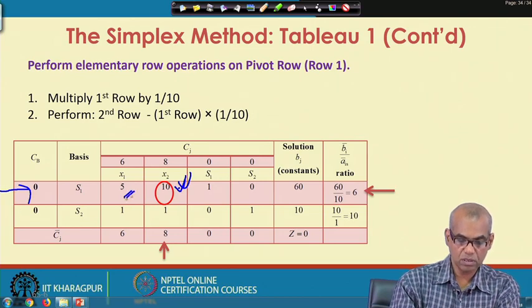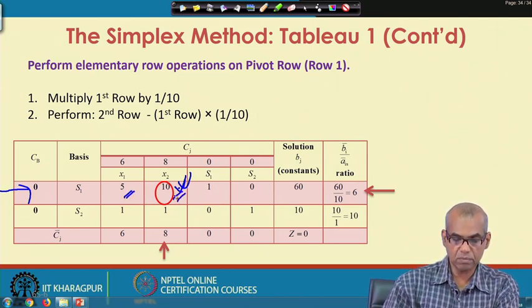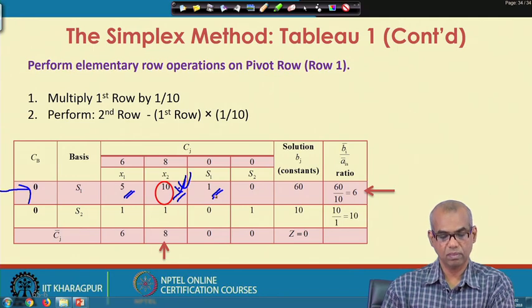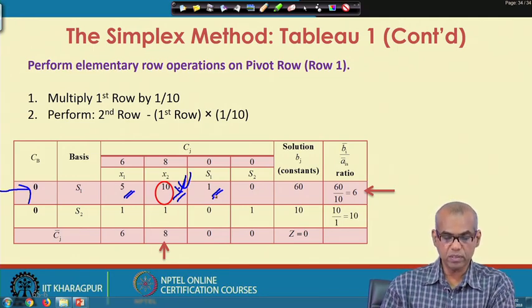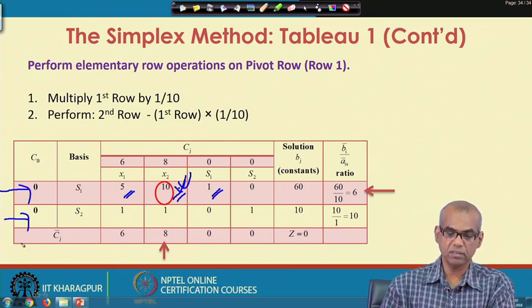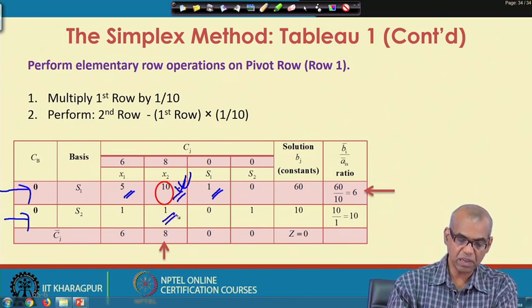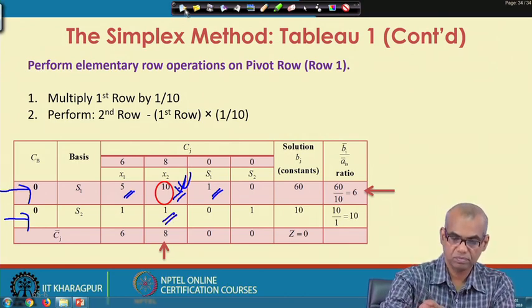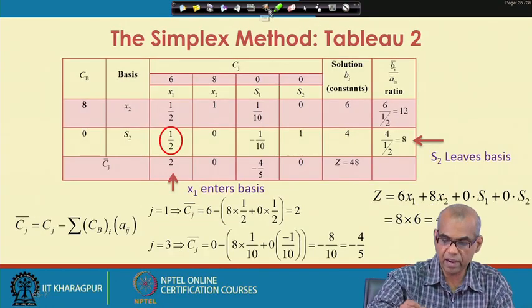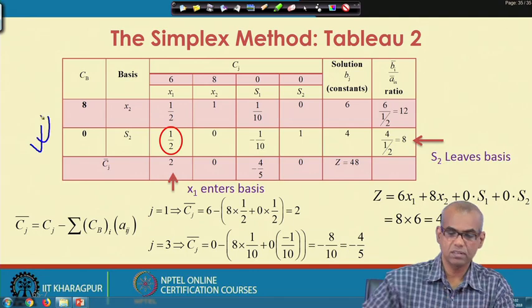So, this becomes 1, that is what we want, this becomes 1 by 10, so on and so forth. Then what we do is we take second row and subtract from it first row multiplied by 1 by 10, then this becomes 0. So, if you do this, you will get this table.